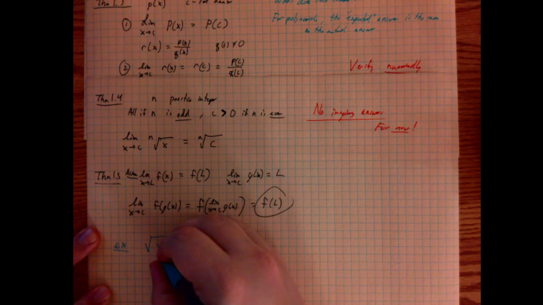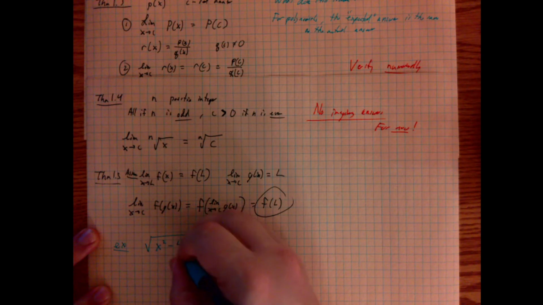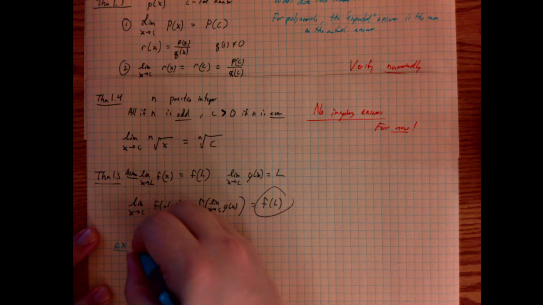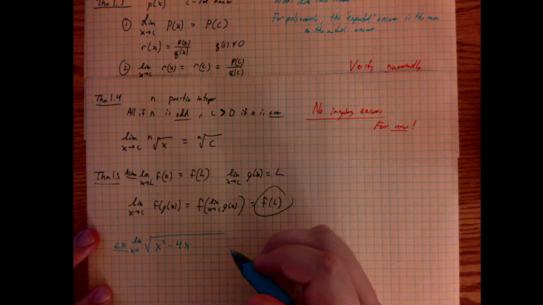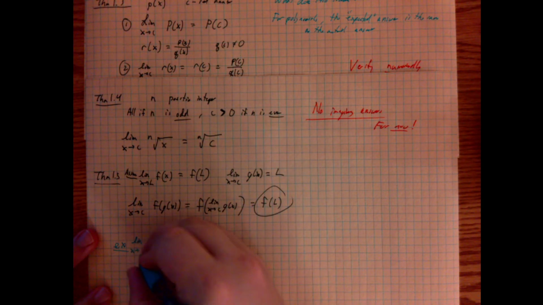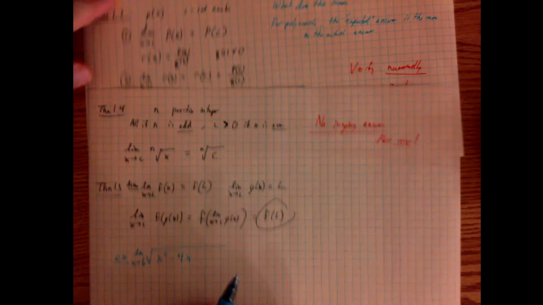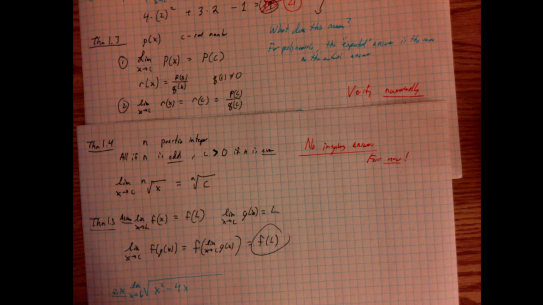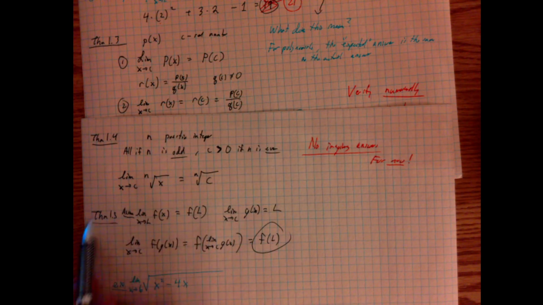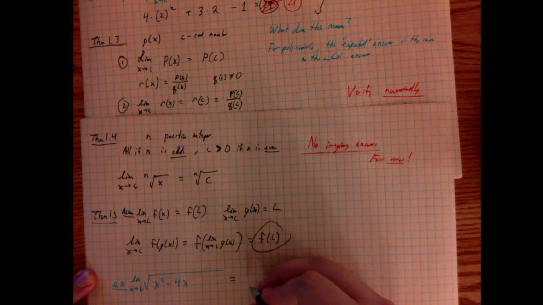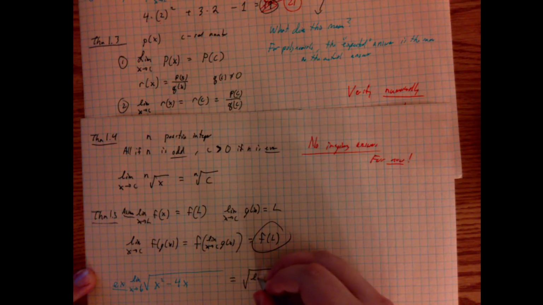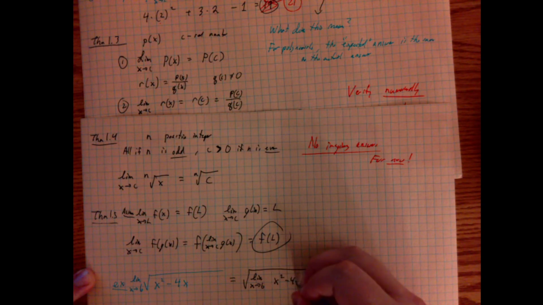root of x squared minus 4x, limit as x approaches 6. I can use properties to solve this limit because of a couple different pieces. First one, I can use theorem 1.5. Theorem 1.5 states that I can take this limit and rewrite it as the square root of the limit as x approaches 6 of x squared minus 4x.